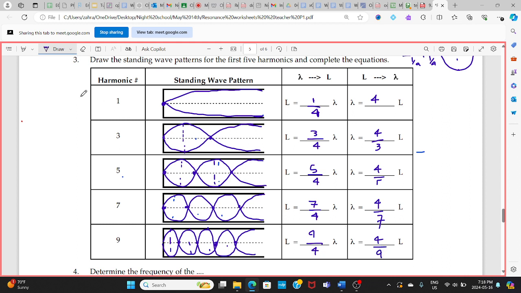Now I need to find the generalized equation of that. So L is equal to what lambda? I know the denominator is 4 for all of these relations. And in the numerator, what do I have? 1, 3, 5, 7, 9, right? All odd numbers. Very good, odd numbers.